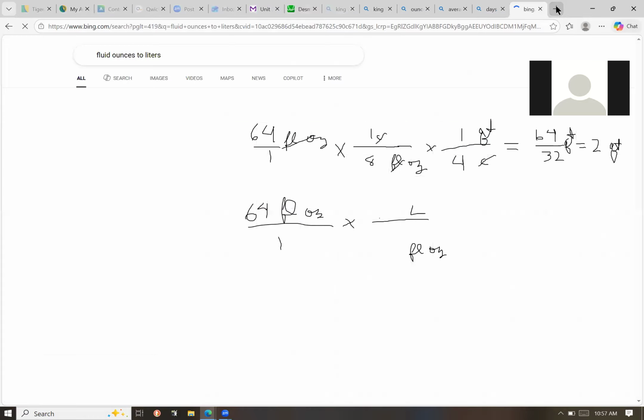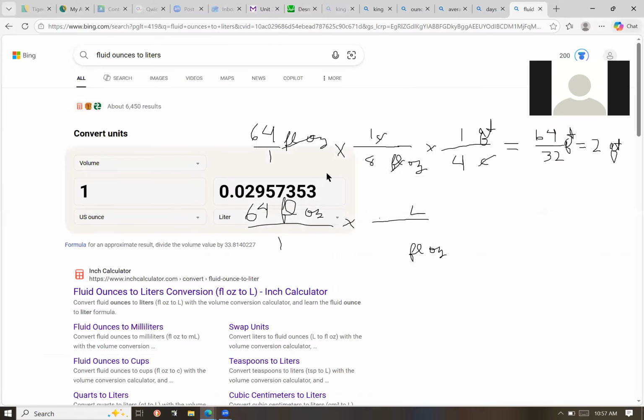So I'm just searching fluid ounces to liters. So 1 fluid ounce is 0.02957353 liters, or we could say 1 liter is 33.8 fluid ounces. I'm going to use the 33.8 to 1.